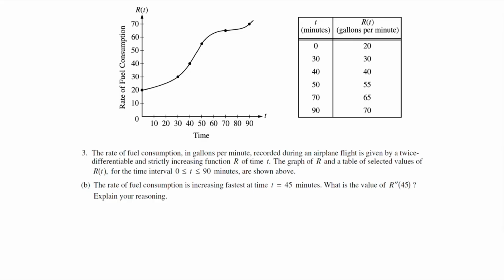In part B, it says the rate of fuel consumption is increasing fastest at t equals 45. And we want to know what is the value of R double prime of 45. Well, if the rate is increasing fastest, that means the rate is at a max.